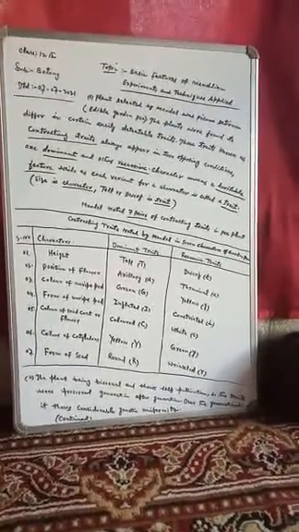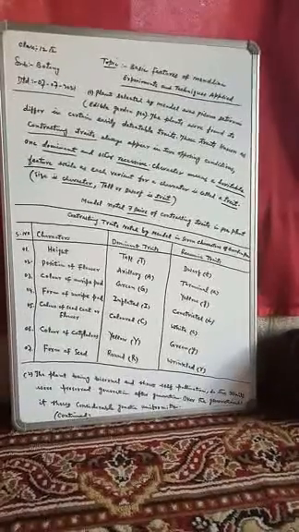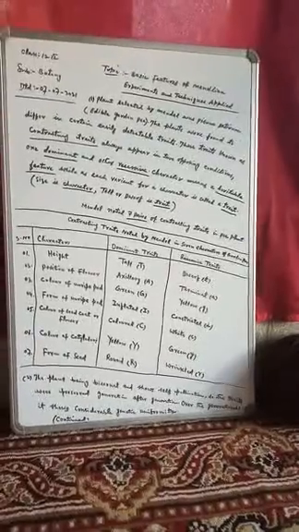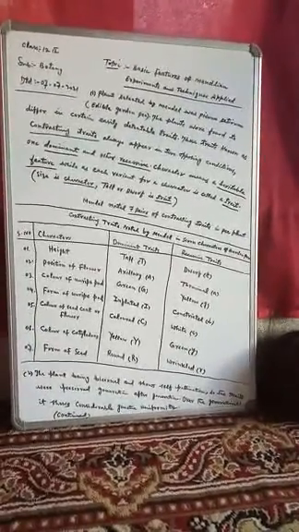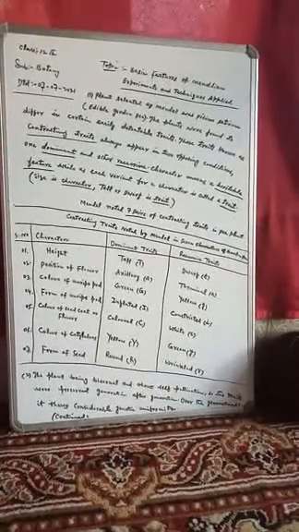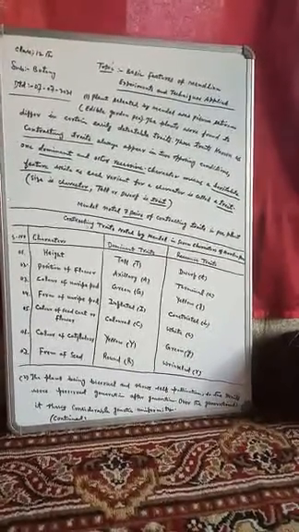These traits, known as contrasting traits, always appear in two opposing conditions, one dominant and the other recessive. Character means a heritable feature, while each variant for a character is called a trait.